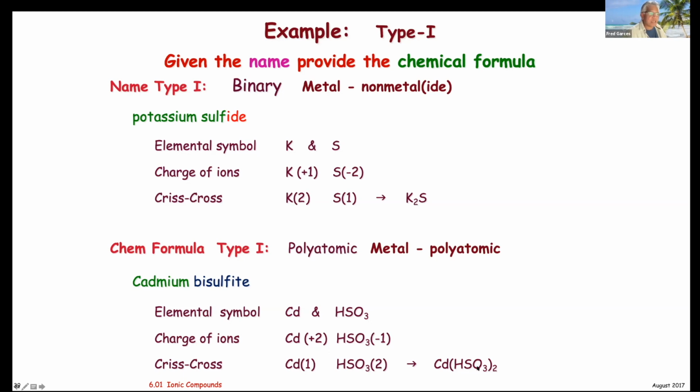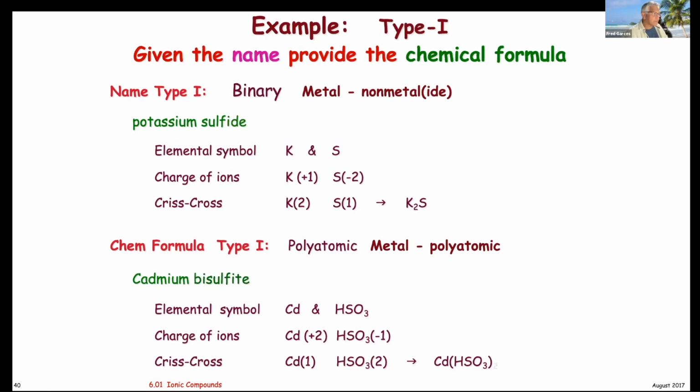We have the formula Cd(HSO3)2. When we do that crisscross, it's electrically neutral. The cadmium in this final formula is +2. The bisulfite in this final formula is 1 negative apiece, but because there are 2 of them, that's -2 net, so it's electrically neutral. Let's take a look at another one, okay?